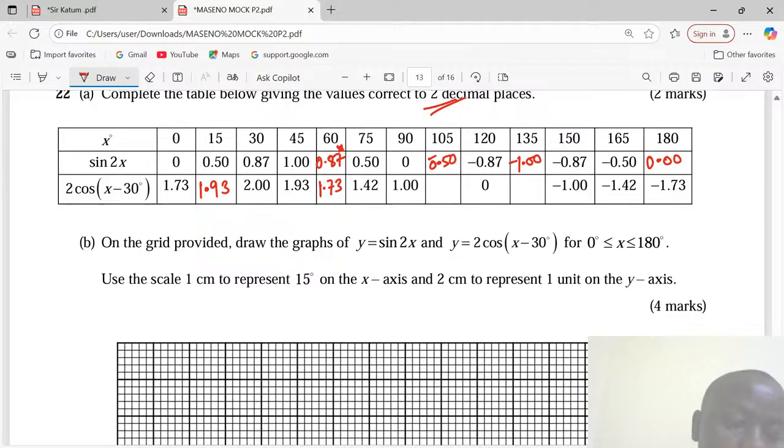So 2 cos, you open brackets, 105 minus 30. This is going to be 0.52. We go to 135. 2, the cosine of 135 minus 30, and this is negative 0.52.